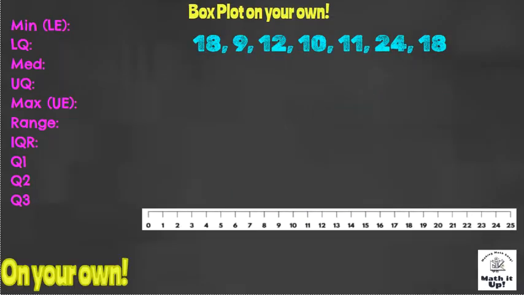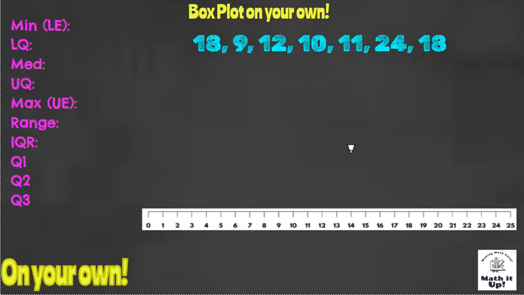All right, let's go ahead, and I'm going to have you stop the video in just a moment and try to work through this box and whisker, getting these values, graphing them, and also including your Q1, Q2, Q3 in your graph, and then start the video again, and I will go through it with you, and you will be able to check and correct.